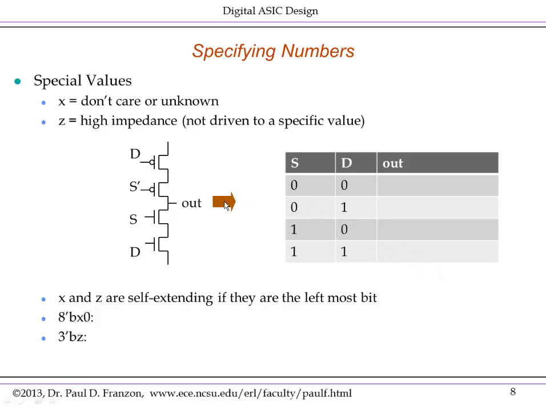On the left, I have an example of a high impedance inverting buffer. I have NFETs at the bottom here. The NFET is on when the gate is high. And PFETs at the top here, you might recall the PFET is on when the gate is low. So in this example here, if S is 0, then this gate is off, and this gate is off.